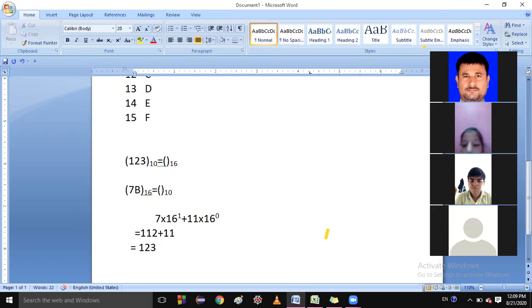In this chapter I have cleared how to convert binary to decimal, decimal to binary, octal to decimal, decimal to octal, decimal to hexadecimal, and hexadecimal to decimal. And I also explained all the definitions of octal, binary and decimal. Is it clear?